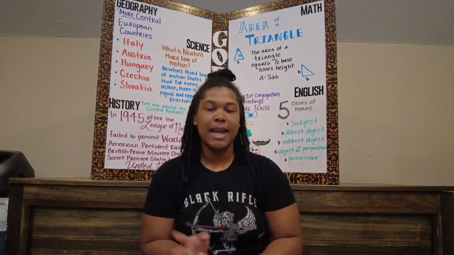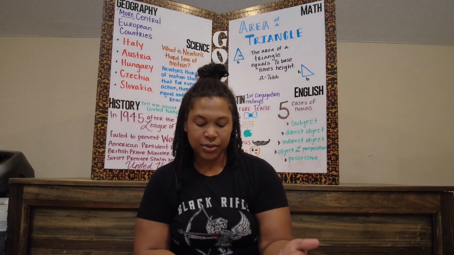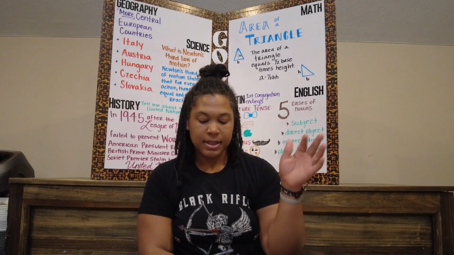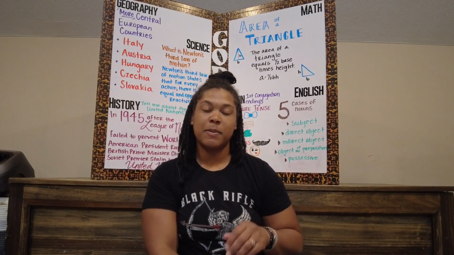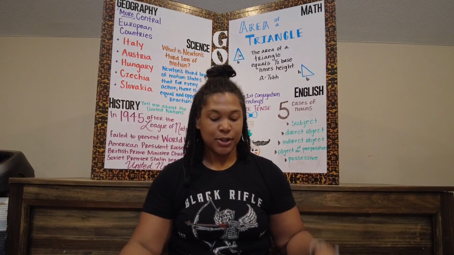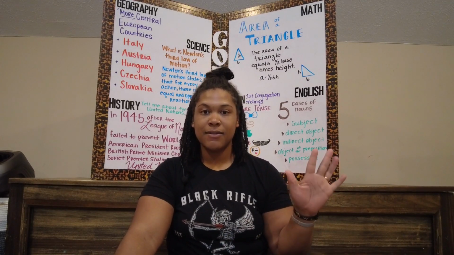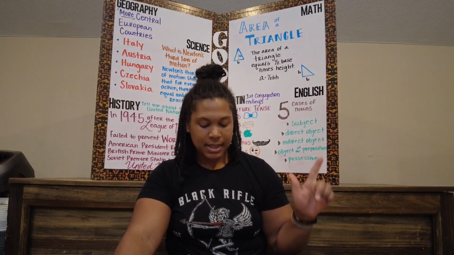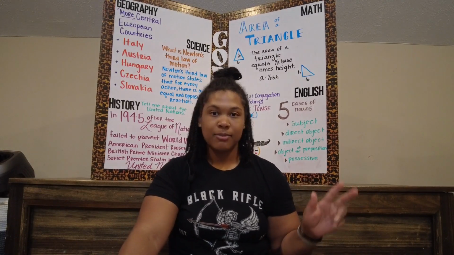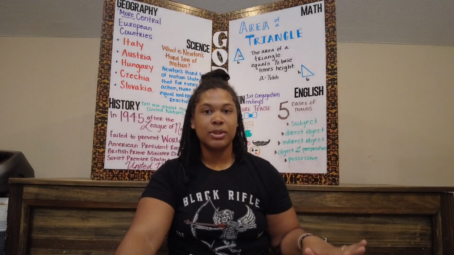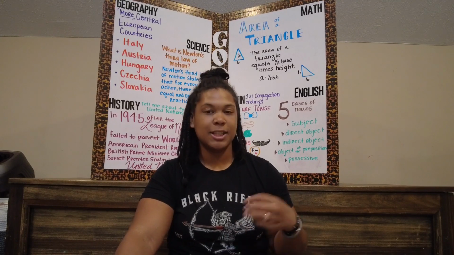And then the second way was a song, and that's just rearranging the different cases of nouns so that it spells SPIDO. So this is the song. It goes, SPIDO, 5 cases of nouns. Subject, possessive, indirect object, direct object, object of the preposition.